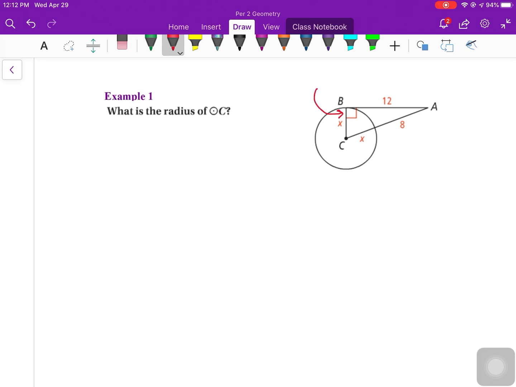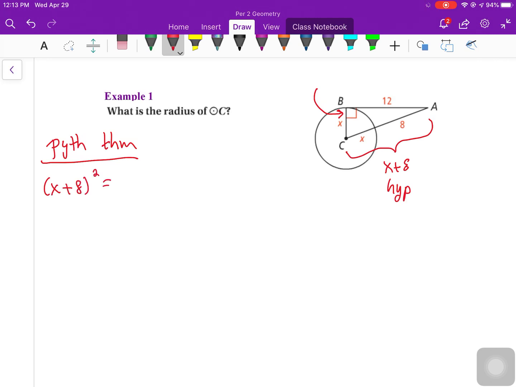Here we have an example that's like a problem we have seen before. We know that we have this right angle. We can once again use the Pythagorean theorem. Now this whole side over here would be the x plus 8. That's the hypotenuse. So x plus 8 squared will equal x squared plus 12 squared.